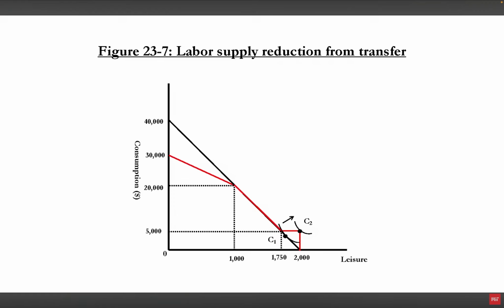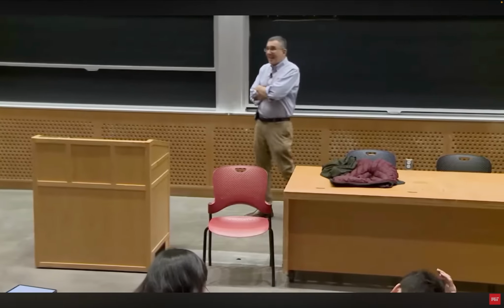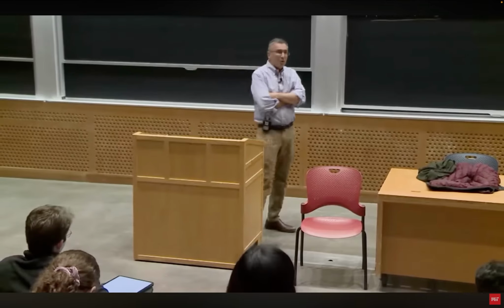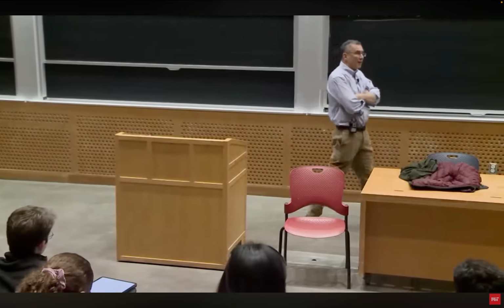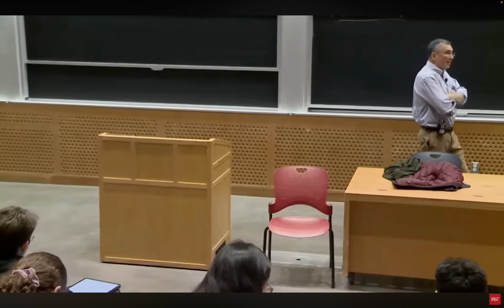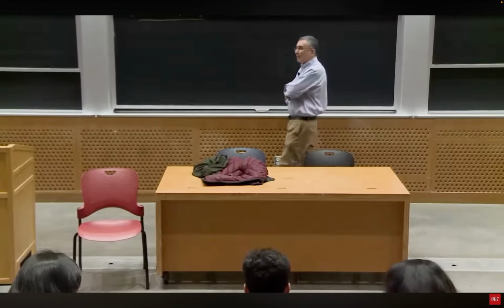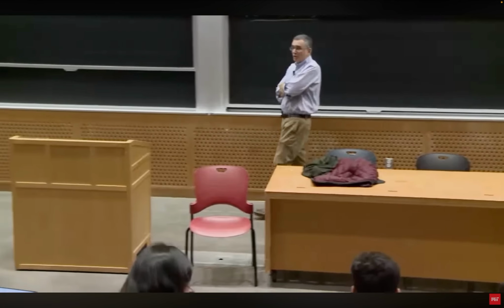What about the part where we transfer? Well, here we see the inefficiency right away, which is all those people who at least were working some now don't work at all. Basically, if we set up a welfare program like this, for anyone who wanted to work less than 250 hours, there's literally a 100% tax rate on your work. Why work? You're going to get the same amount of money whether you work or not. Because every dollar you earn, they're just going to take $1 away.